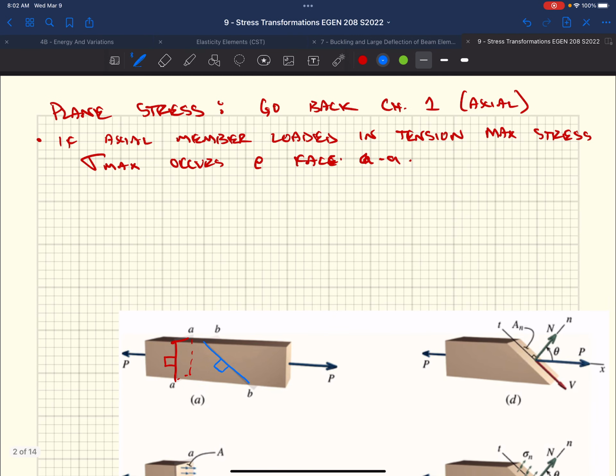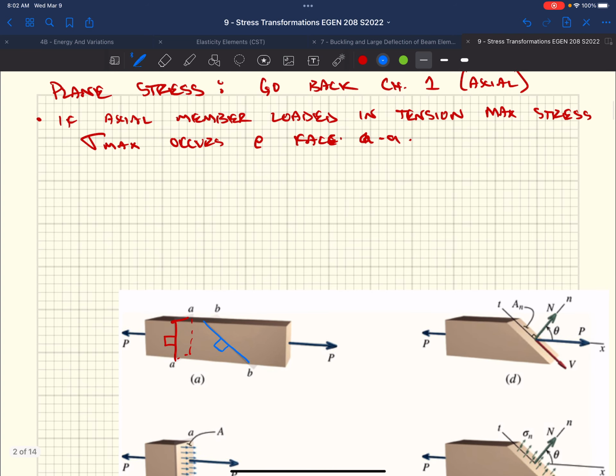So if an axial member is loaded in tension, the max stress, sigma max, occurs at the face AA, the face that's oriented perpendicular to the applied load, right? We have this applied load P. In this case, it looks something like this.